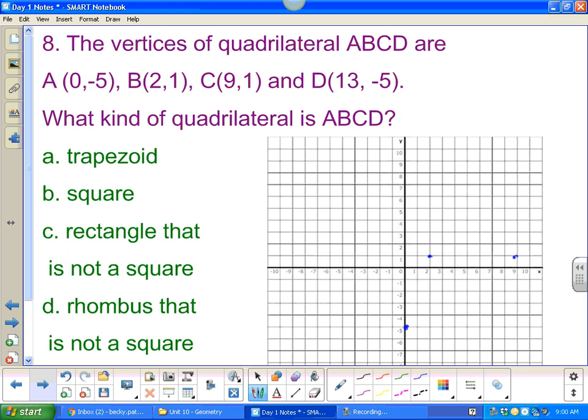Now mine goes to 10, 11, 12, 13, down 5. So there. And you should kind of already be able to tell what this is. Bigger on the bottom, smaller on the top, that's a trapezoid. Think of it looking like a trap, like it's going to open up and trap something.